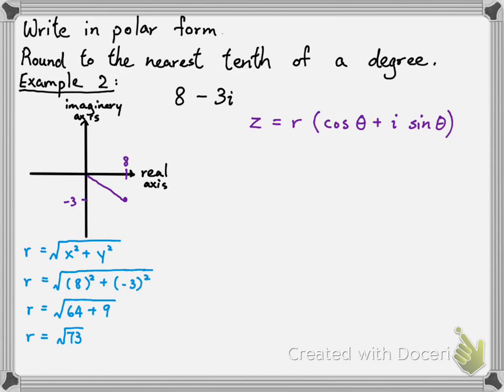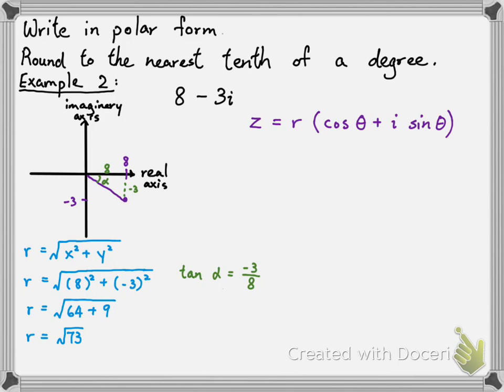Now, we would like to find theta. Focus on the triangle in the fourth quadrant with adjacent side 8, opposite side -3. We have angle theta as the reference angle, and we can use tangent to find alpha, that tangent alpha equals -3/8.